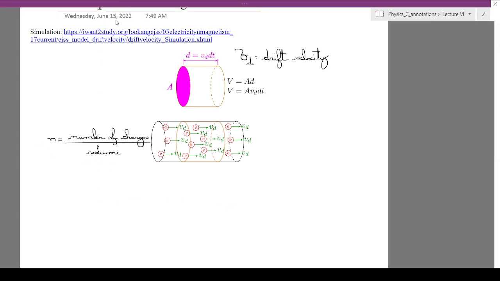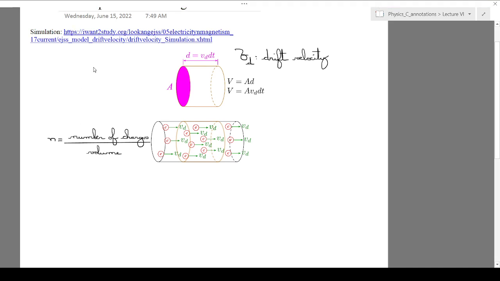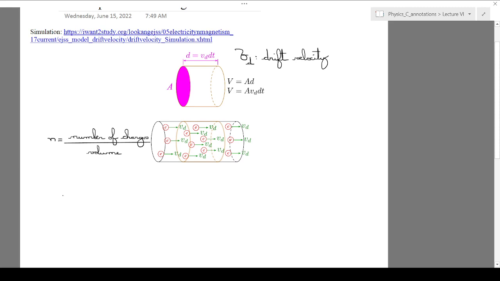If you want to know the number of charges running through this wire, all you have to do is multiply the density of free charges by the volume.